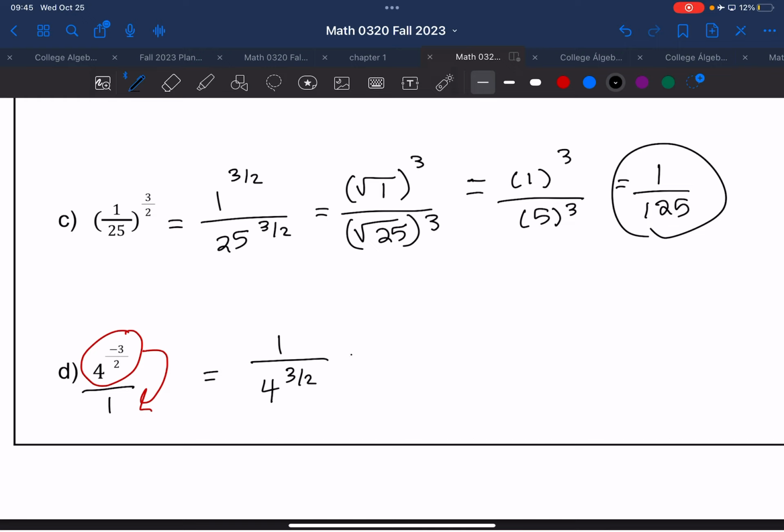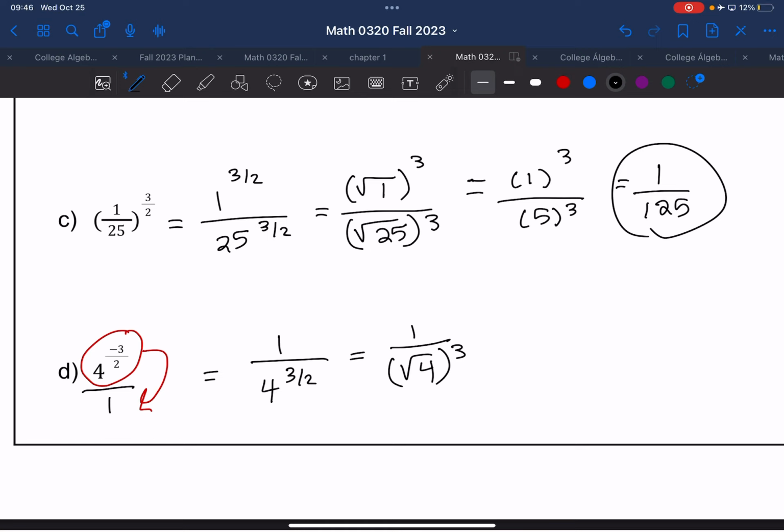How am I going to write 4 to the 3/2 as a radical? Yes, the square root of 4, because of that 2. That 2 is our radical, our nth root. All of that cubed because of that 3.